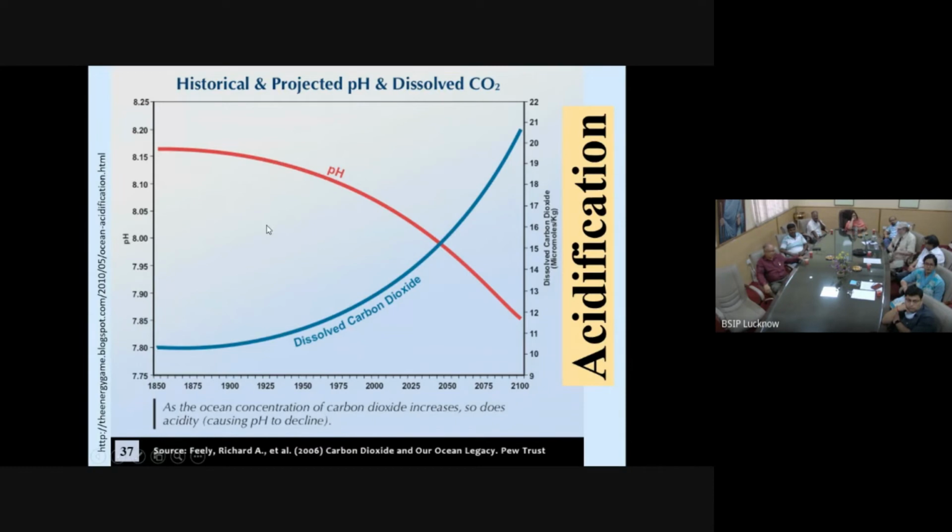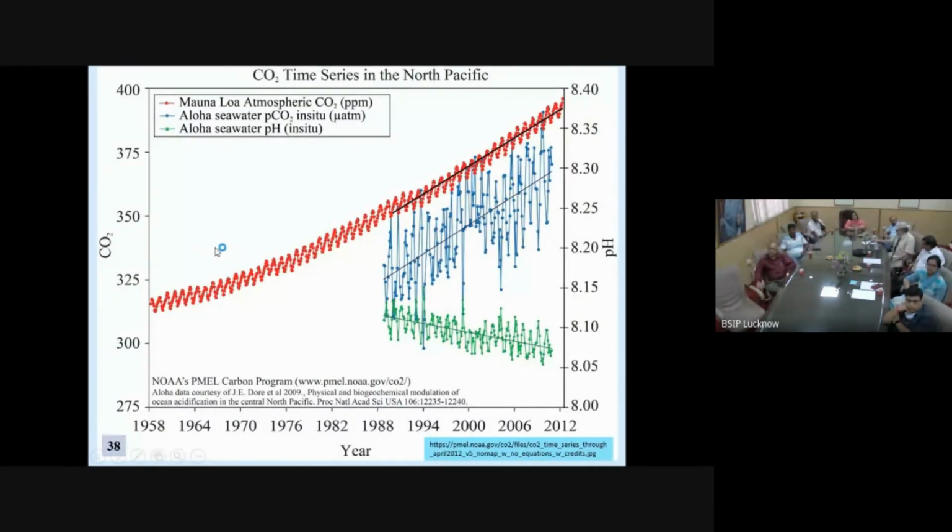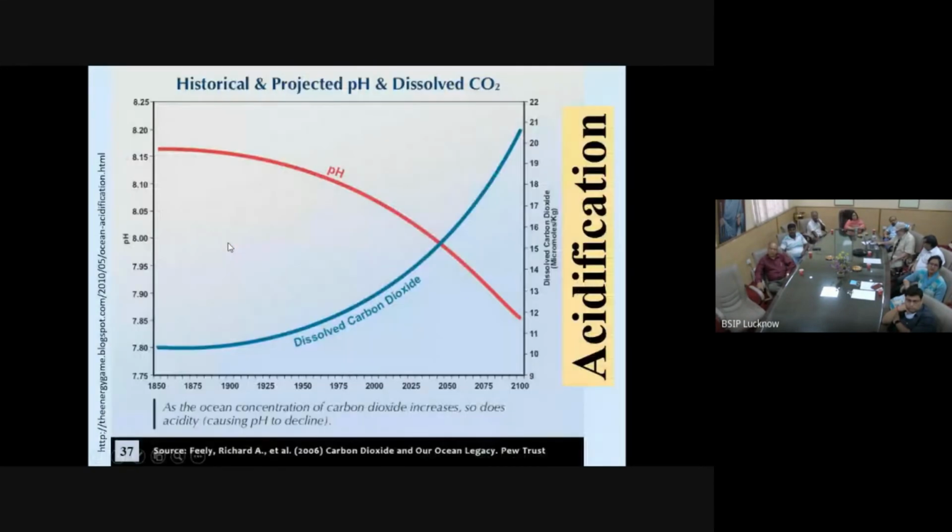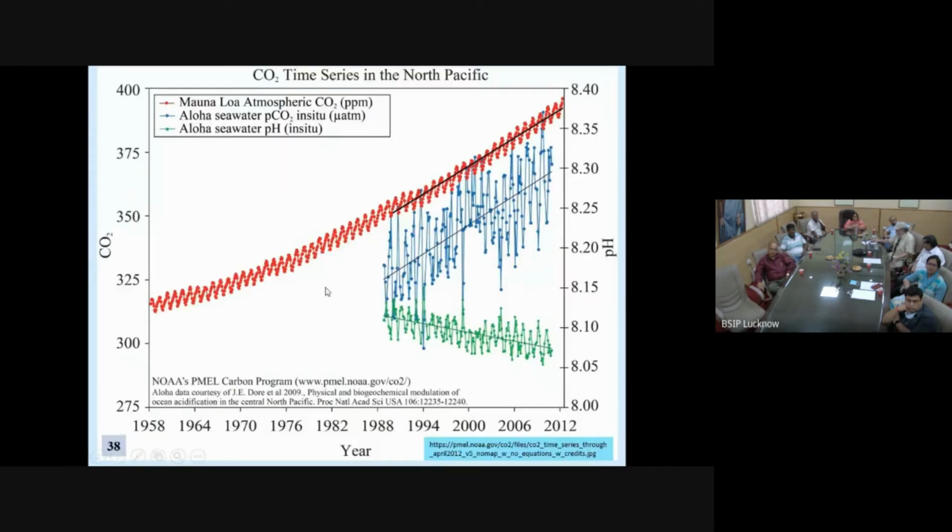And what happens as you warm the oceans, you're increasing the amount of dissolved carbon dioxide and you're decreasing the pH. The pH is a logarithmic scale, so it doesn't look like numbers very much, but they really are important. It's called acidification. And again, I'll just go back here. This is a very stylized diagram, but it's always nice. The scientists like to look at data.